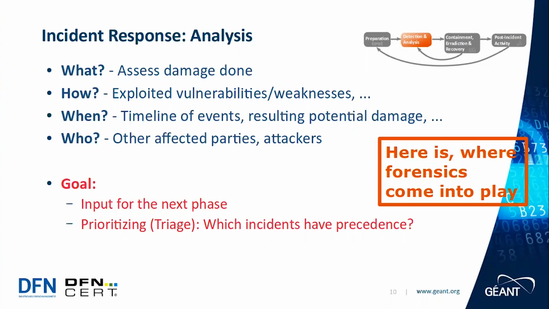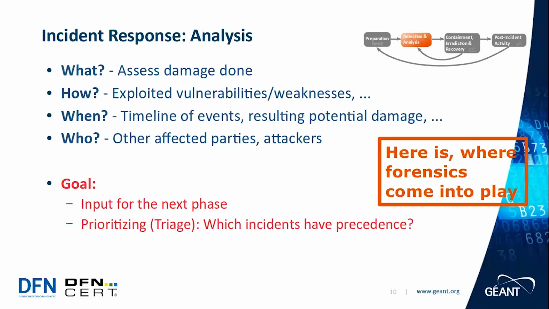So, this analysis part is where forensics will come into play. In a very short part, it may be a bit of a detection, but most of the forensics will happen here in the analysis part. The goal here is first to have an input for the next phase, the responses, and it also means we may have to triage which incidents have precedence.